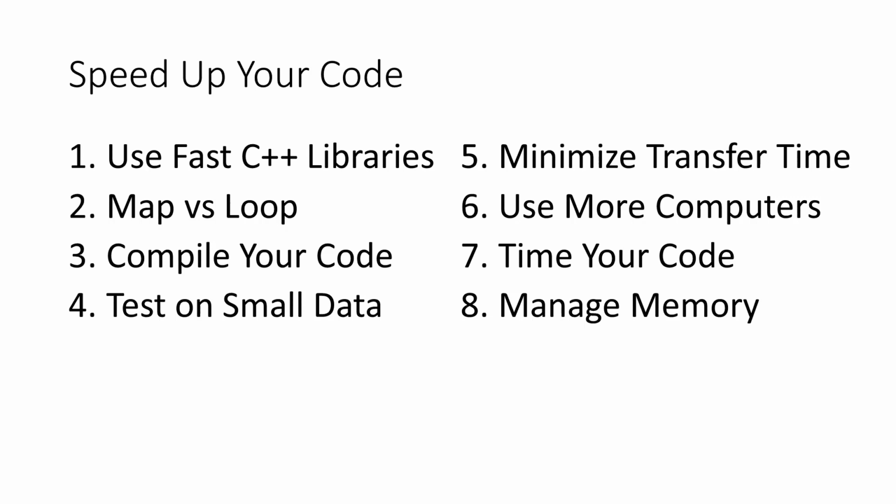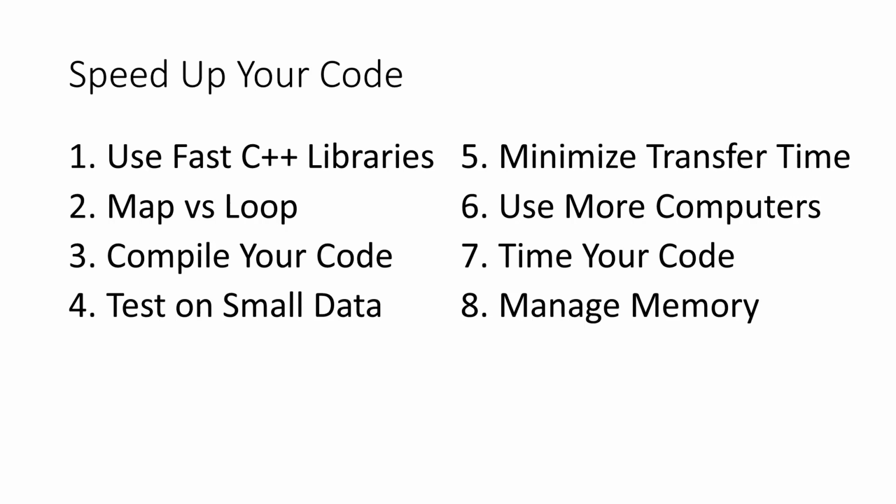Thirdly, R and Python give you the option to compile your code. This makes sense to do if you are rerunning the code a lot of times without having to make changes to it. 4, test your application on smaller data sets before you run processes for hours on large data sets without even knowing that it actually works properly.